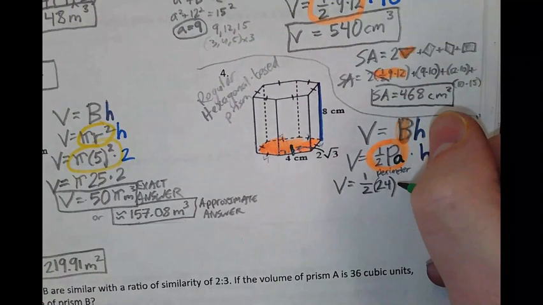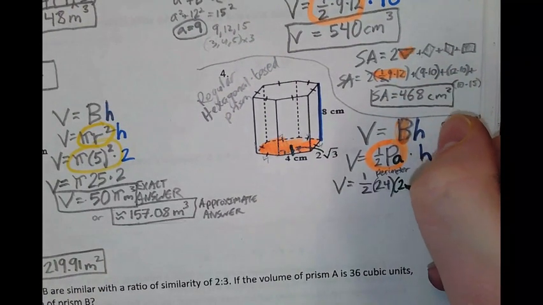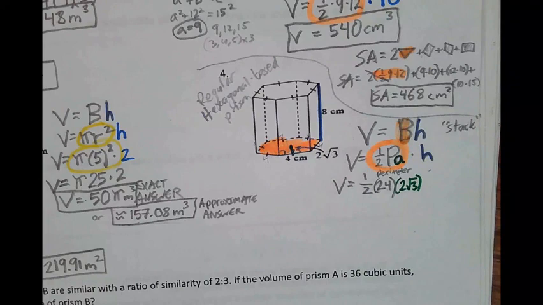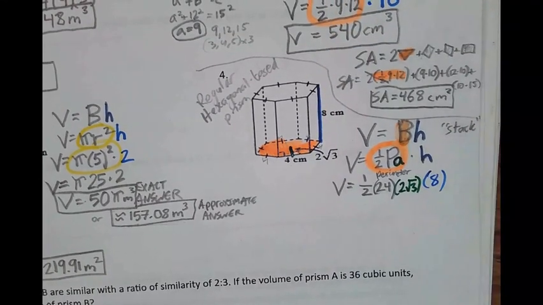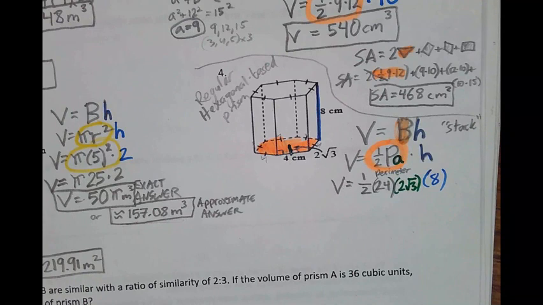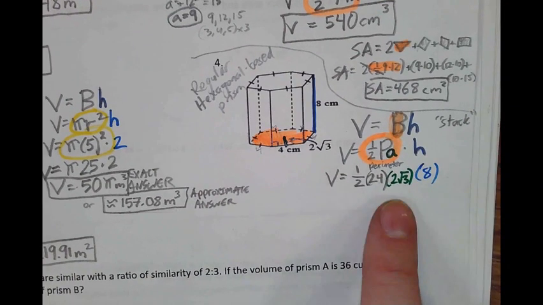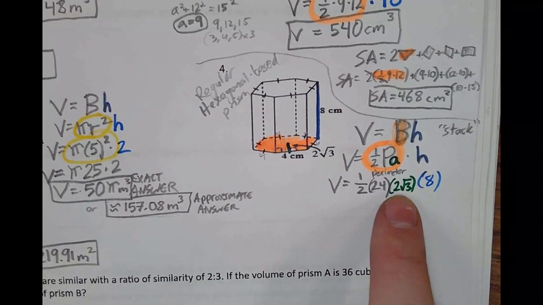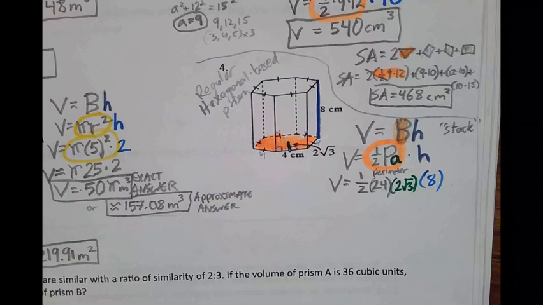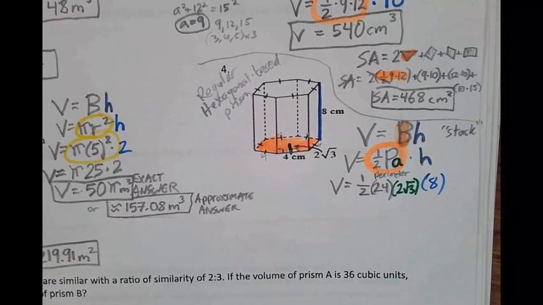And A stands for the apothem, which is given to us. The apothem is given to us as 2 root 3, while the height of the figure, the stack, is going to be 8. We need to multiply these numbers out. Good news. We can write our answer as exact.